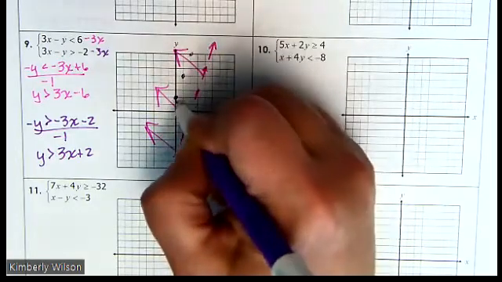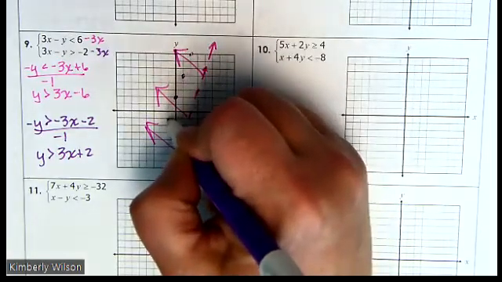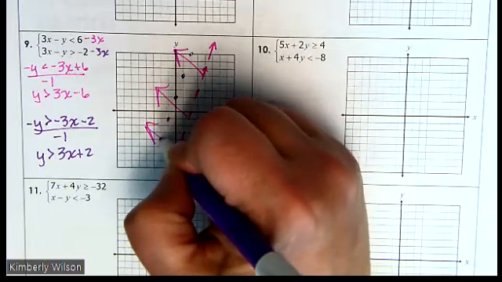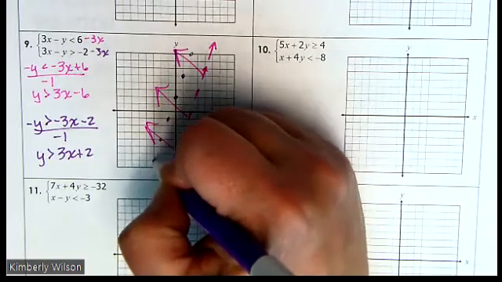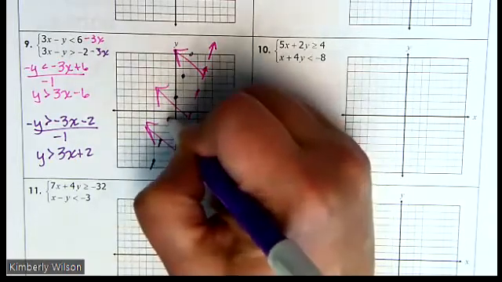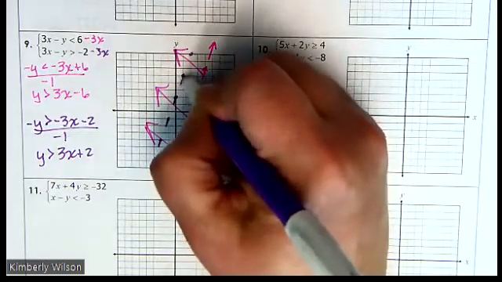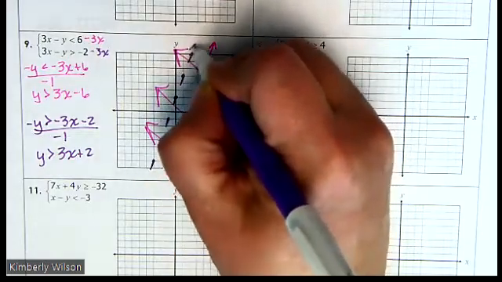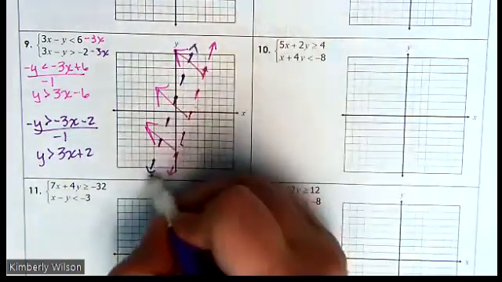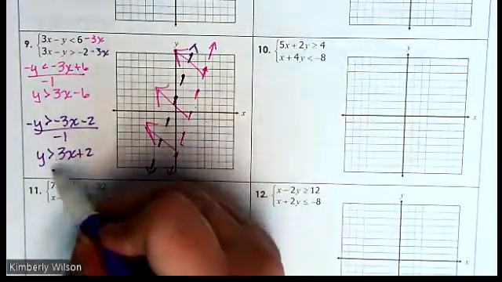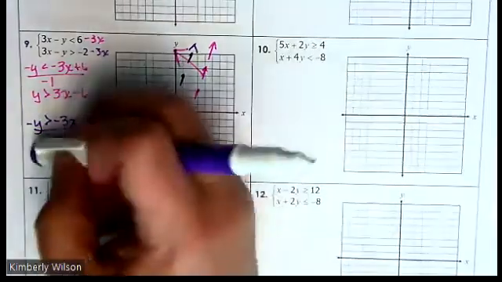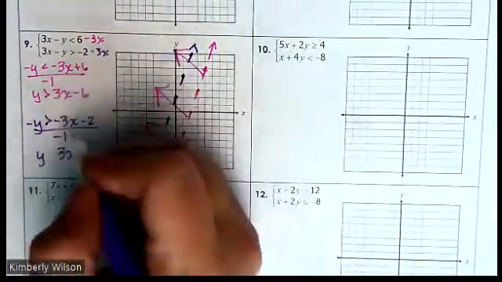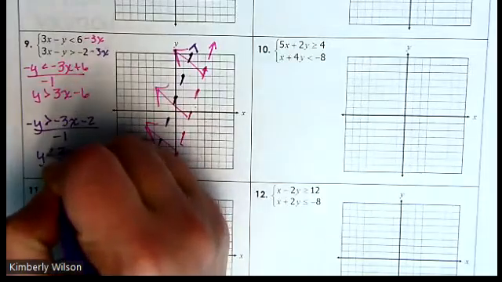If these were just the equations, then it would be no solution. But the problem is these are inequalities. So there's a difference. All right. This is less than. Oh, I didn't flip it. This is what happens for Miss Wilson. Because we're dividing by a negative, we have to flip the inequality.